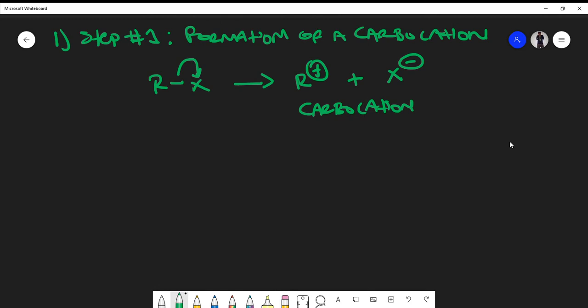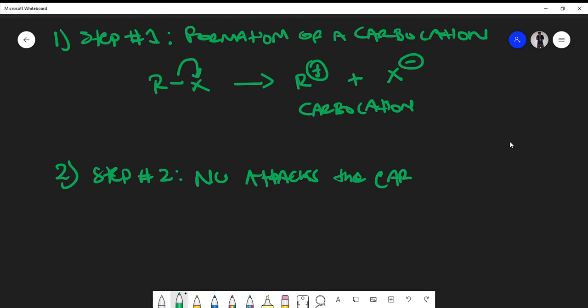In this case, that's really representing our carbocation, plus our X, which is now negative. So R again is our carbocation. The second step in the reaction, which is the fast step, and this is step number 2, is the idea that the nucleophile attacks the carbocation. So we have R plus, which is a carbocation.